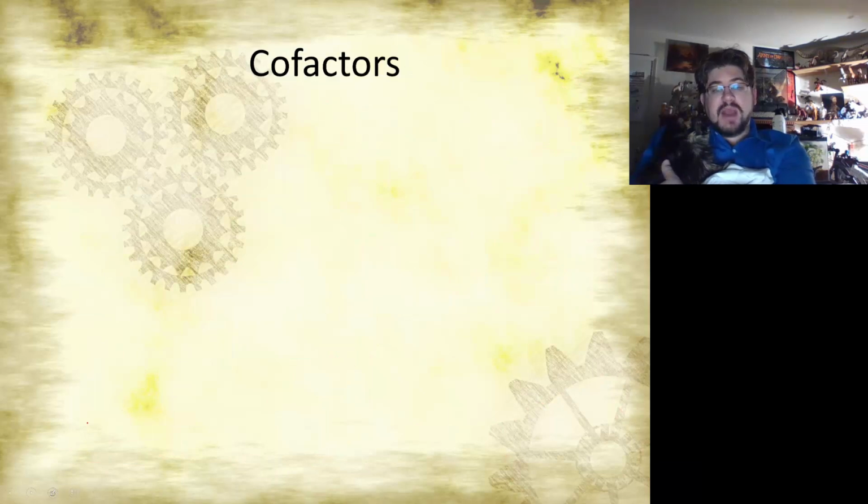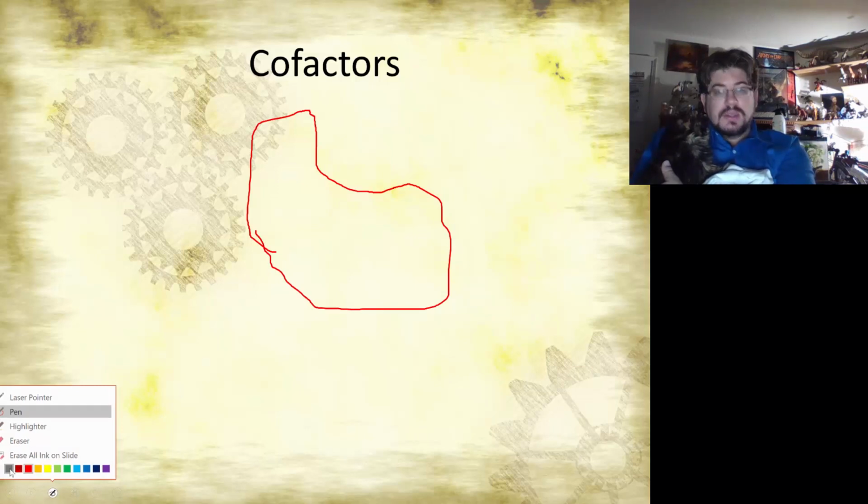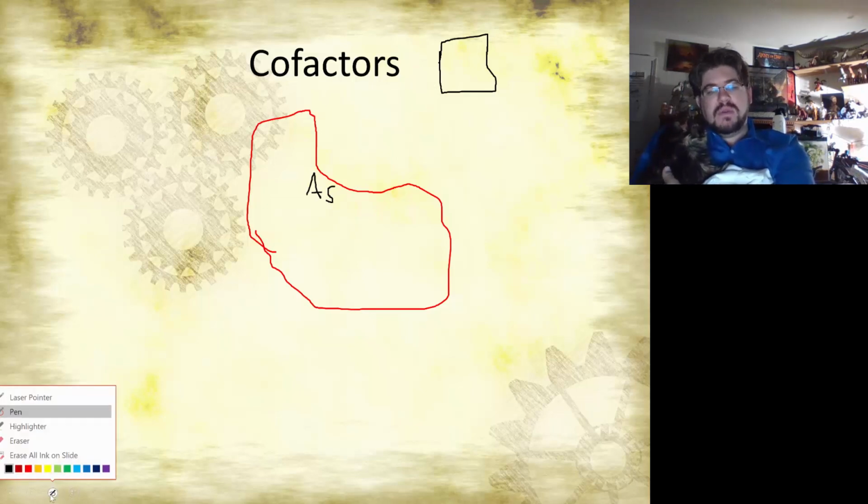So while we're talking about active sites, here's my enzyme. And here's my substrate. Uh-oh, what's this? My active site doesn't work with this substrate. I need something to help.